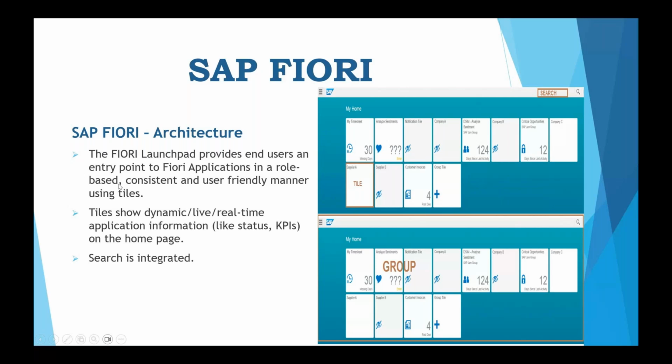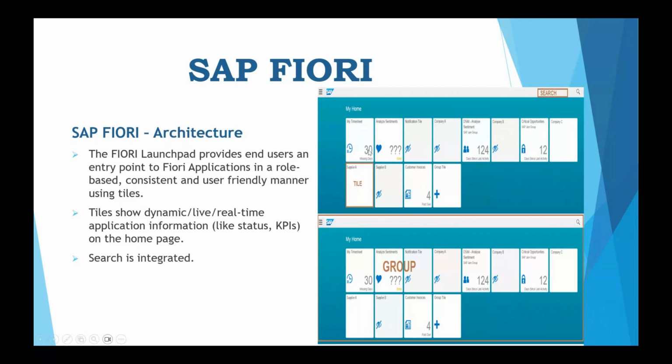We also have dynamic tiles, live tiles, and real-time applications. These are called static tiles. For dynamic tiles, for example, if you are a timesheet approver, you can see the counter right away that you have 30 timesheets to approve.